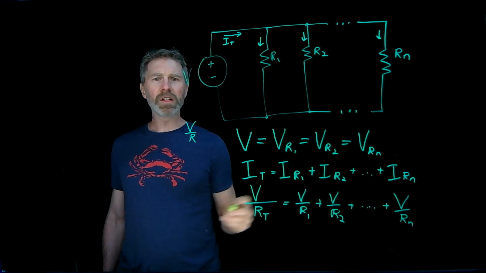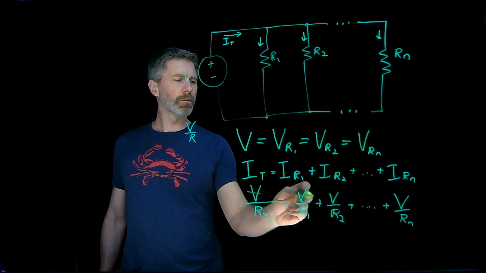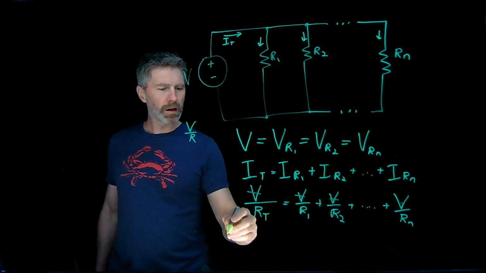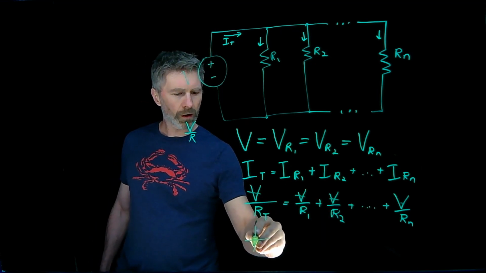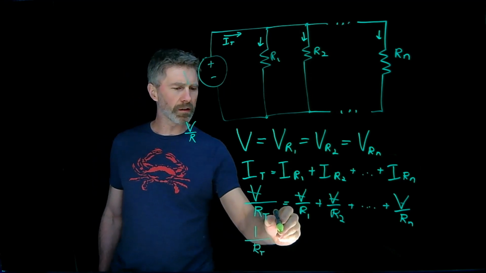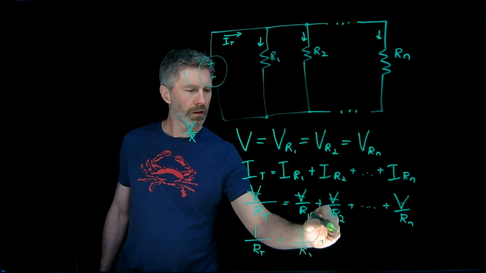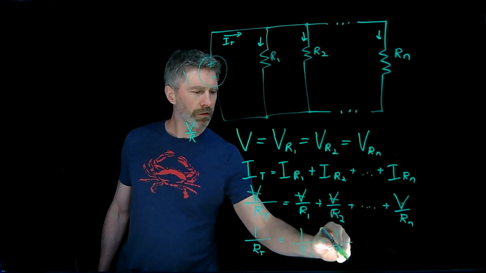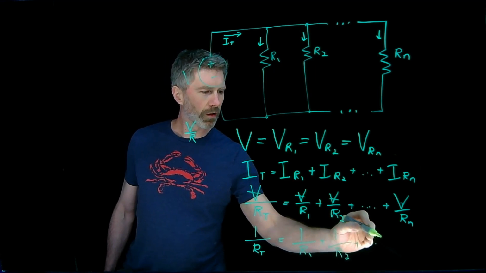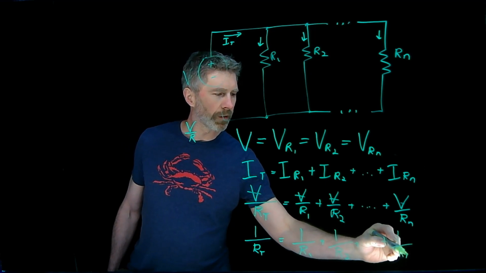And those V's are all equal because all those resistors are in parallel. So those will all cancel out. And what we end up with is 1 over RT. So 1 over the total resistance is equal to 1 over R1 plus 1 over R2 plus 1 over all those other resistors plus 1 over Rn.